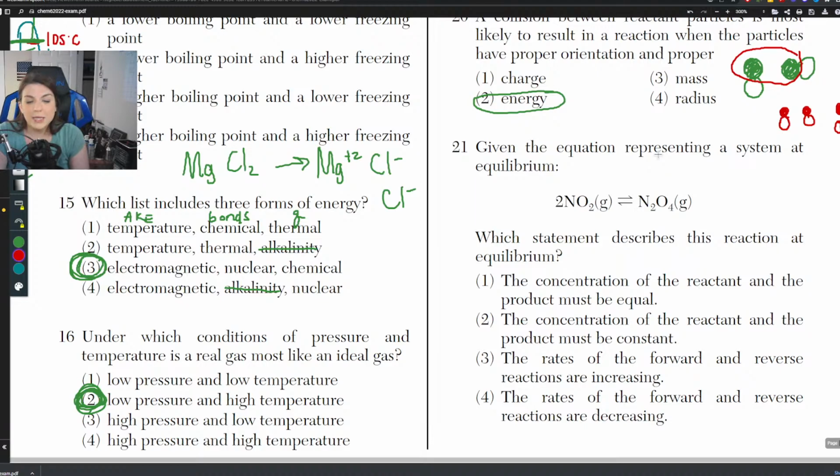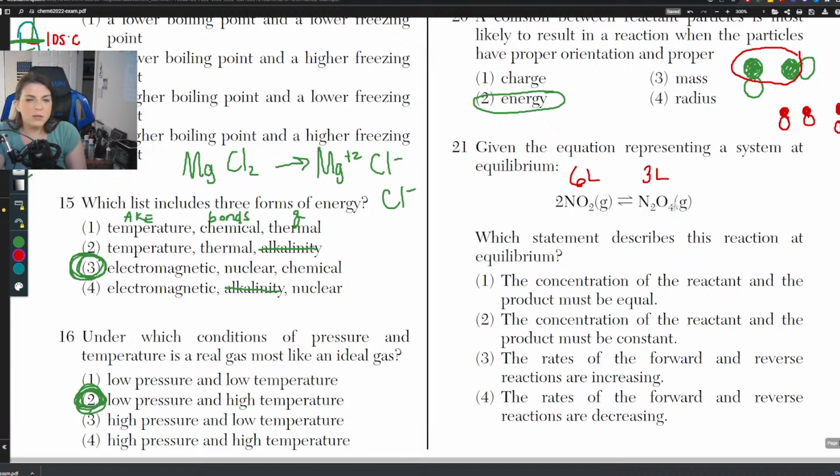So the rates in equilibrium must be equal. The rate of going to the left has to be equal to the rate going to the right. The forward is equal to the reverse. So if they are equal, what would happen is that your concentrations would remain constant. Let's just say for whatever reason, I am in a 10-liter container, and here I'm working with 6 liters of NO2 and 3 liters of N2O4.